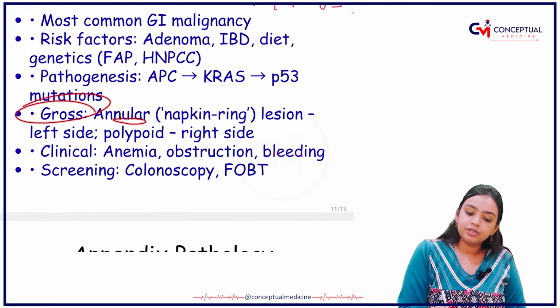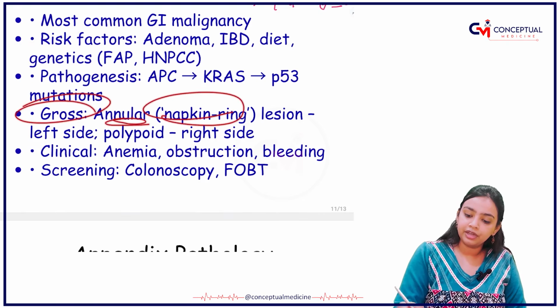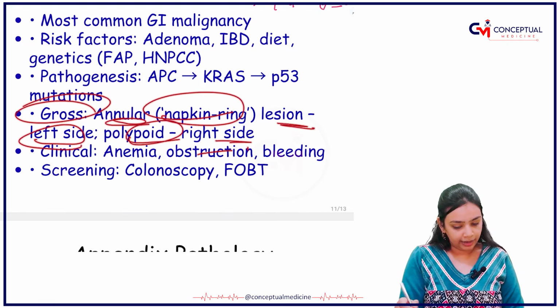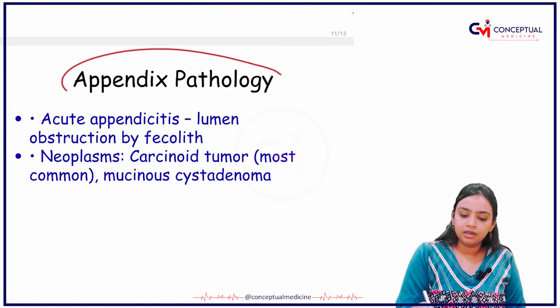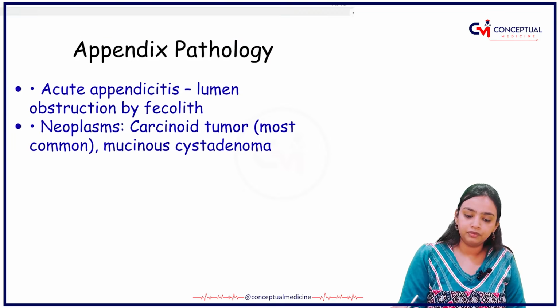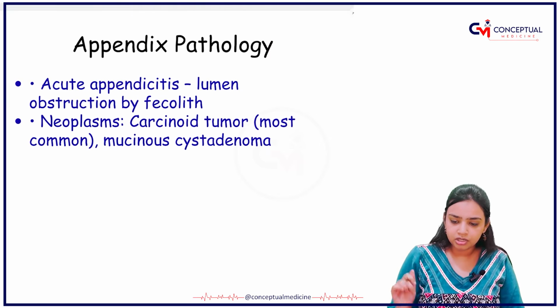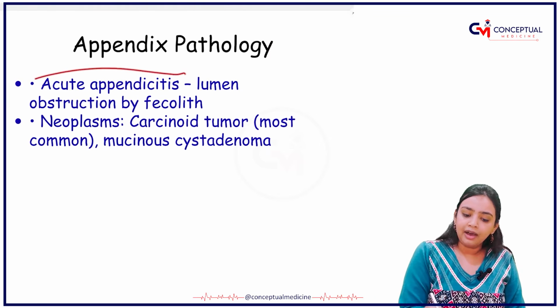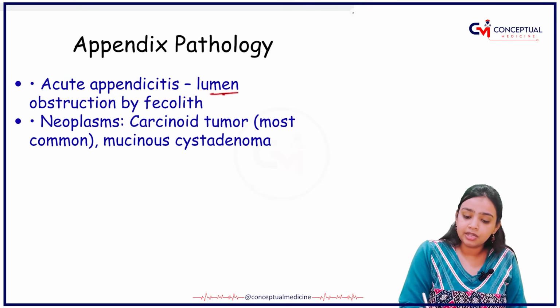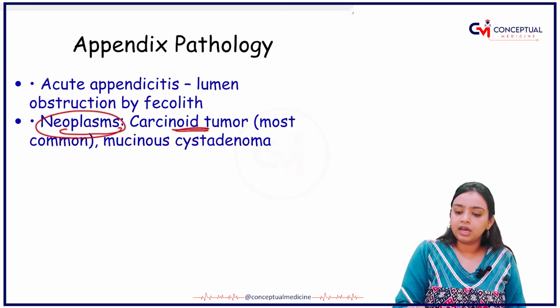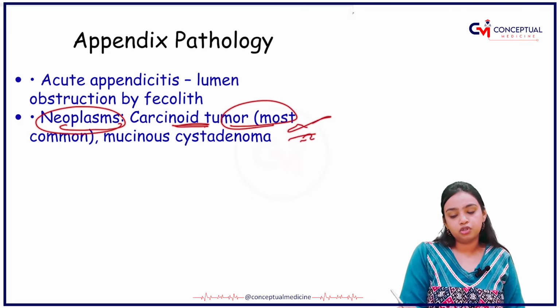In the gross, you are able to see annular, napkin ring lesions on the left side and polypoid lesions on the right side. Next, the pathology of the appendix, although we will be studying the appendix separately also. You have acute appendicitis, that is, there is lumen obstruction. Then you have neoplasms like carcinoid, which is the most common.